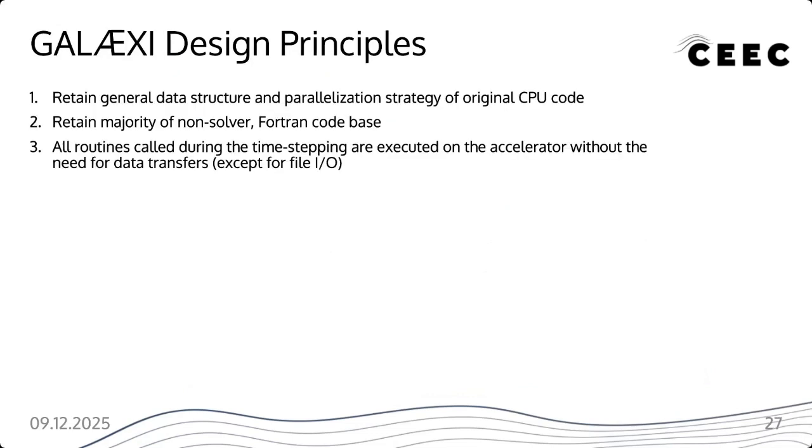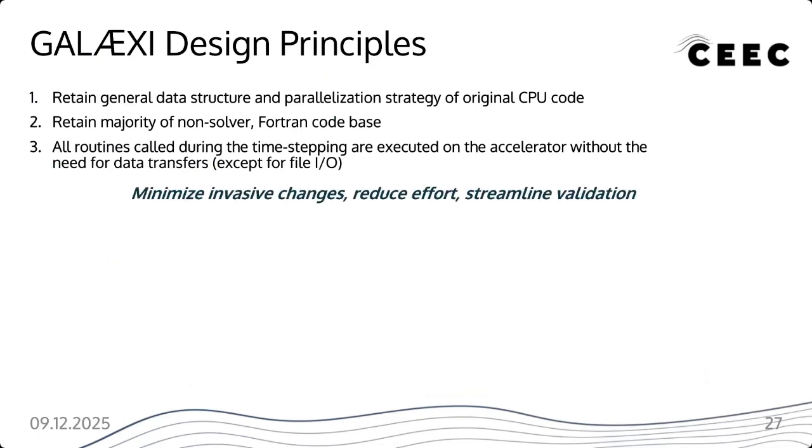So the big thing we did is that we're going to change as little as possible. This is the baseline design goal for GALÆXI. We're going to take Flexi, the Fortran CPU code, and change as little as we can. This means retaining all of our data structures and the MPI parallelization strategy, keeping everything that is not a compute kernel, everything that is not number crunching, in Fortran on the CPU.